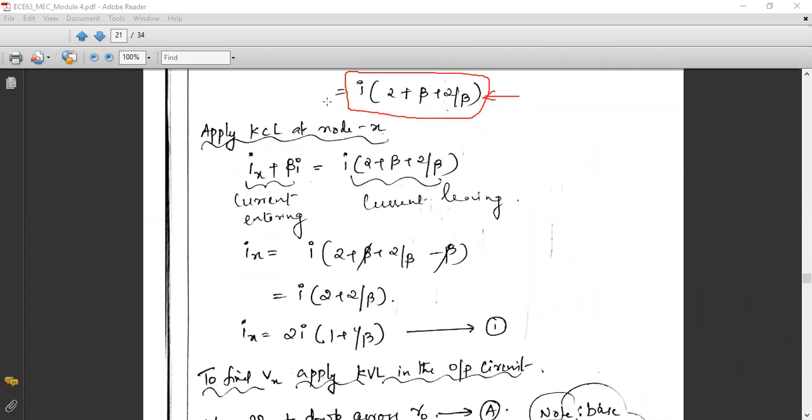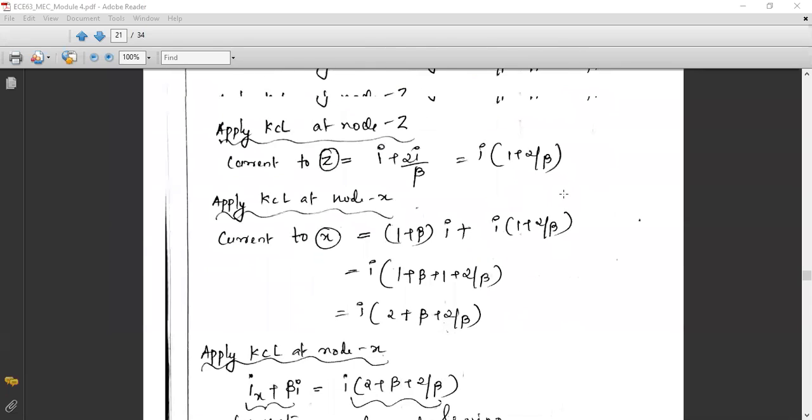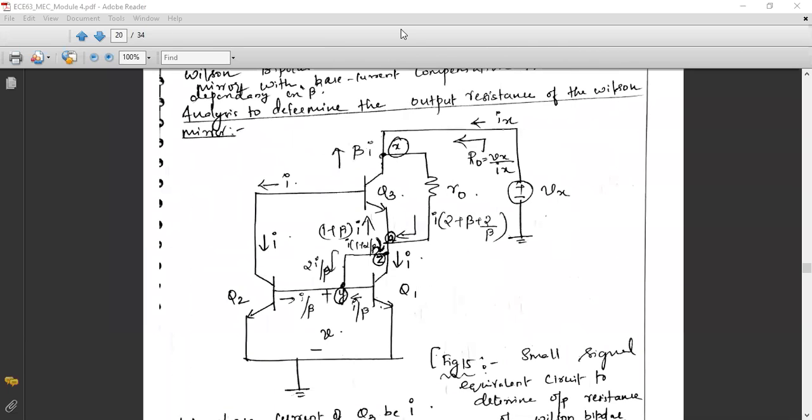Okay, now coming to X, because we are going to find the output resistance. The output resistance is measured with respect to the node X, right? So we need to apply KCL at node X also, so that we can find an expression for Ix in terms of I, and afterwards we will get an equation for Vx, and then we can find the ratio between Vx and Ix. So let us concentrate on node X now. If you take node X, what is the entering current?